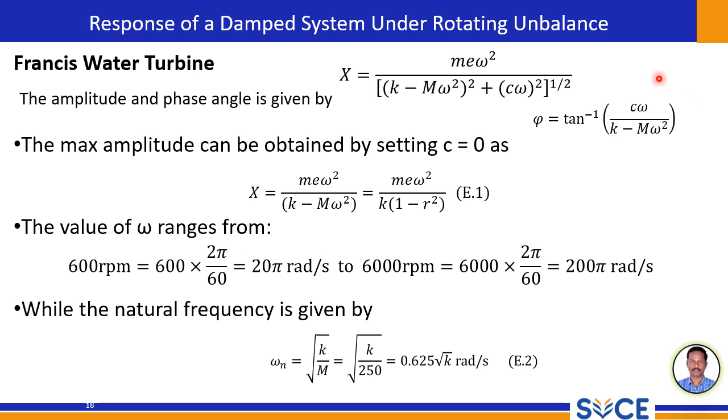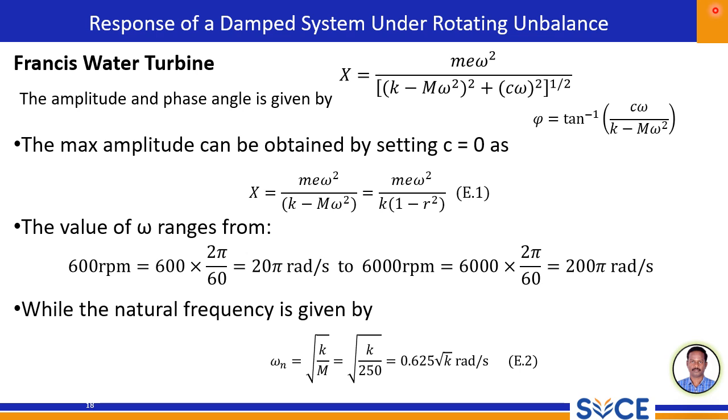The amplitude depends on the unbalanced mass moment me, the operating frequency, and the mass of the rotor, represented as capital M, the stiffness of the shaft K, and the damping coefficient C. The phase angle indicates the lag between the forcing function and the response.